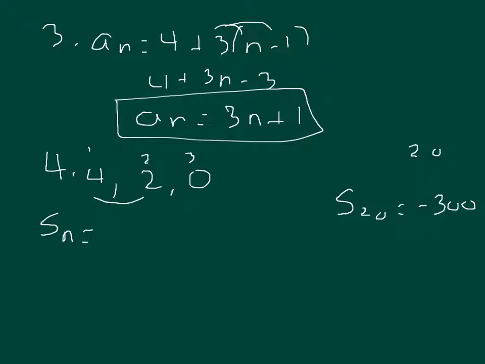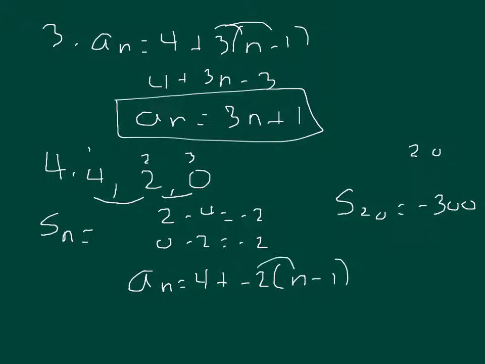So the common difference is 2 minus 4, which is negative 2. 0 minus 2 is negative 2, so you can see that the common difference is negative 2. You can find the explicit formula with a1, which is 4, plus the common difference, negative 2, times n minus 1, and that's going to be distributed, so 4 minus 2n plus 2, since negative times a negative is positive, so that is equal to negative 2n plus 6.